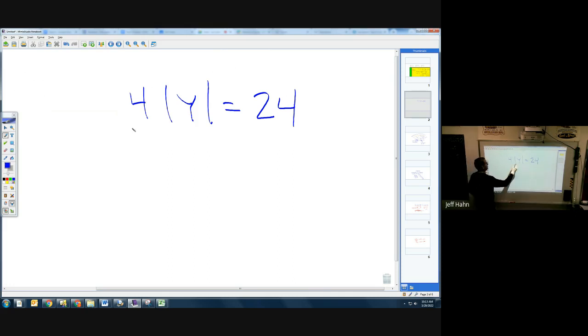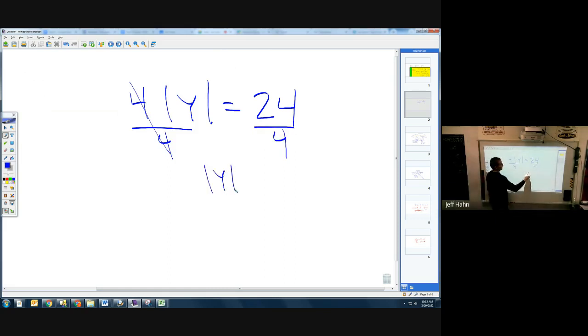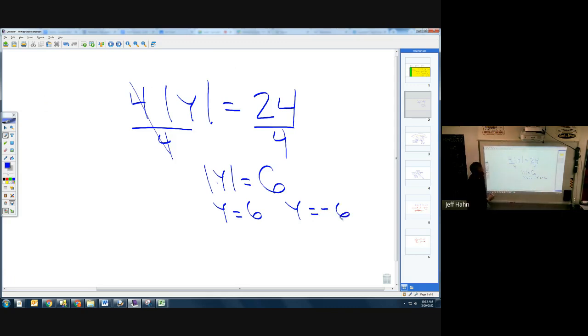I need to get rid of this 4. I get rid of the 4 by dividing by it. I now have the absolute value of y equals 6. Once it's isolated, you write one just like it is, write the other one as its opposite. Game over for that, and that was a pretty simple one.